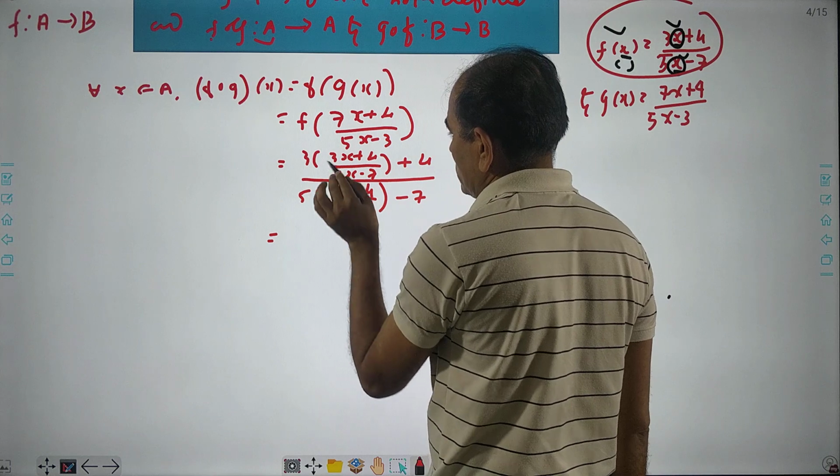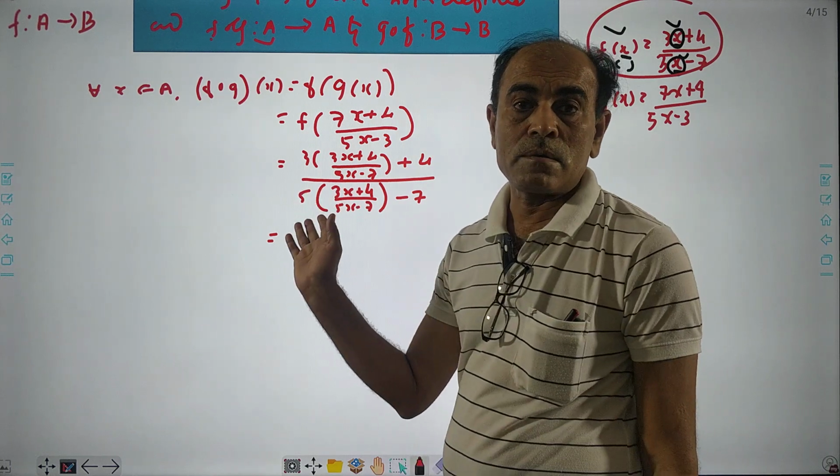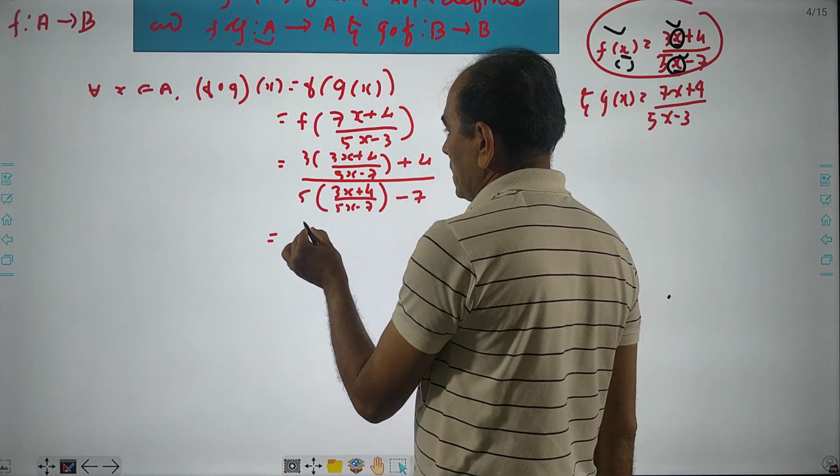So now take the LCM, 5x minus 3, from numerator and denominator, and then simplify.